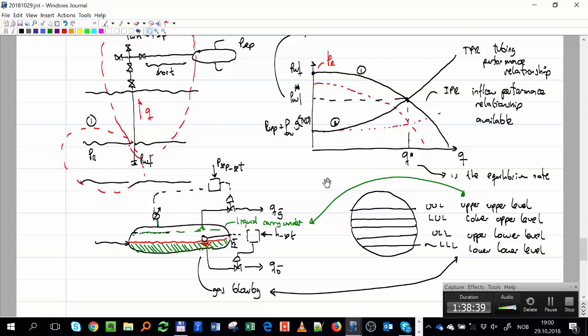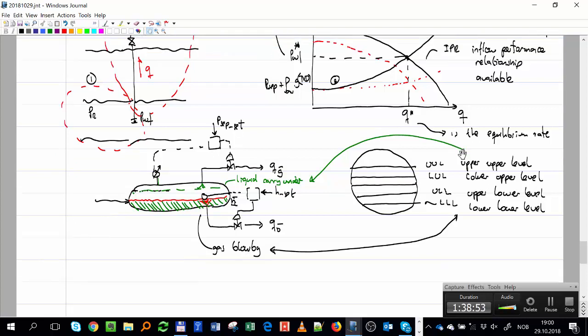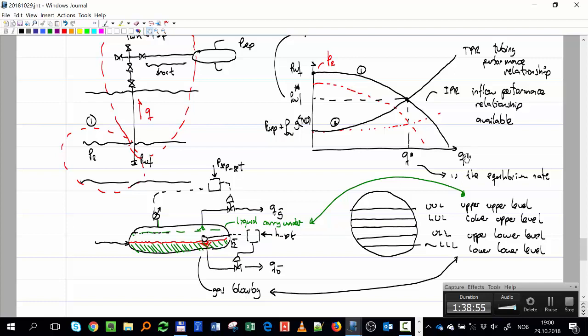Now, there is something that we have been neglecting in this analysis, and I hope it doesn't confuse you. What kind of rate are we talking about here? What are the units of rate? Yes, volume per time. But in this case, the pressure is changing.